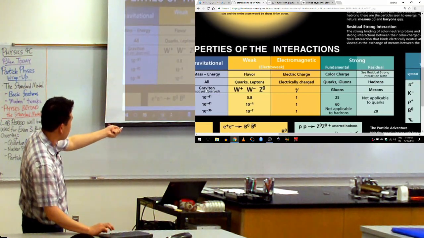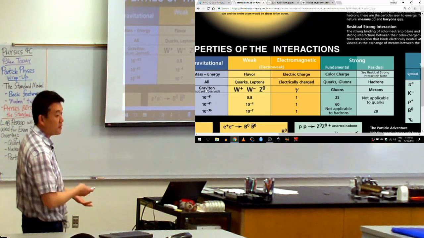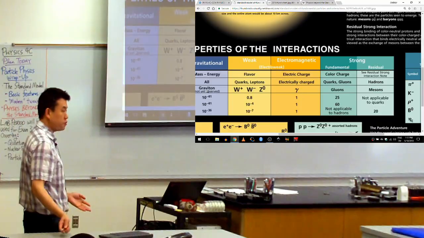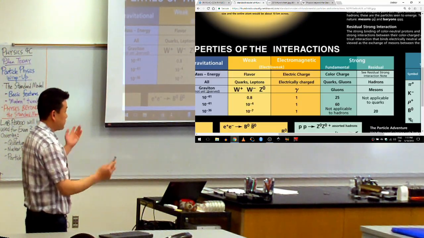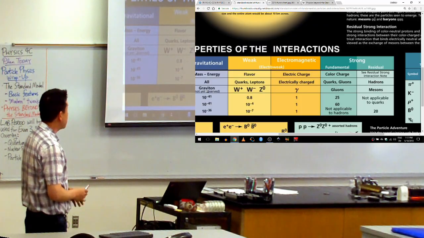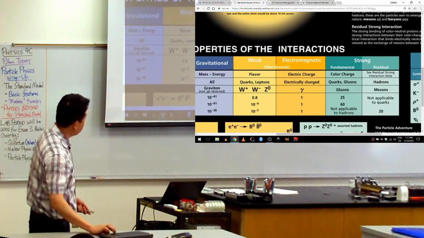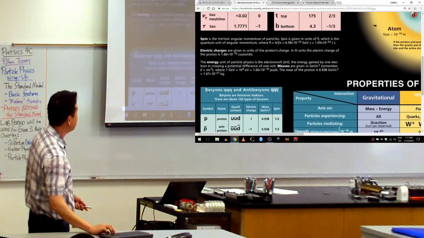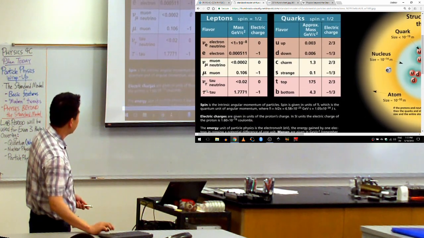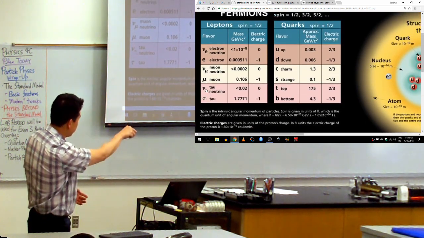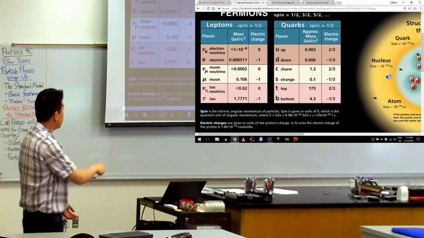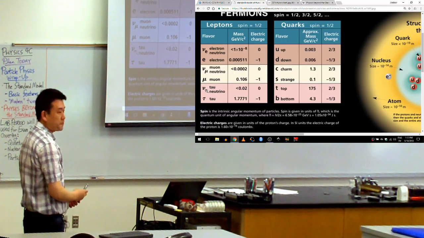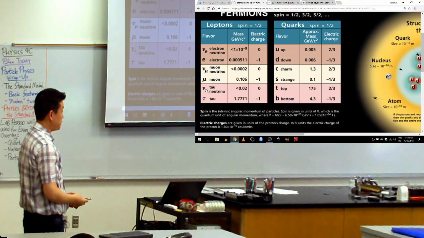Under strong interaction, only quarks and gluons participate. Leptons do not participate in the strong interaction. A lepton has no color charge, so it does not participate. That's what defines a lepton. So even though the tau lepton is heavier than the first 2 generations of quarks, or heavier than many of the baryons, it's still a lepton because it does not experience the strong nuclear force.